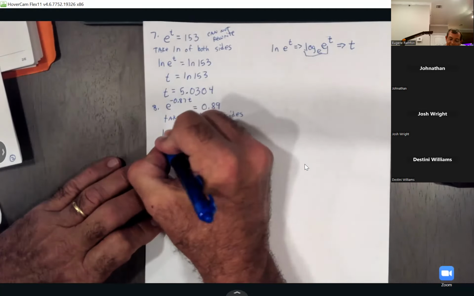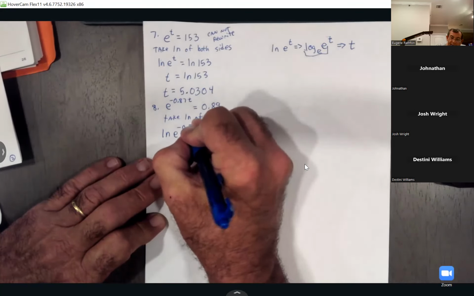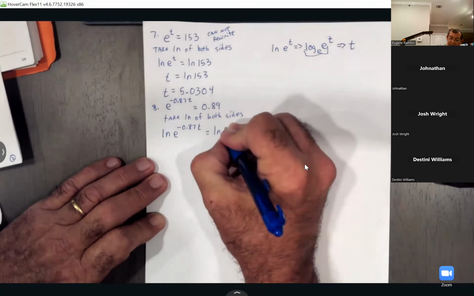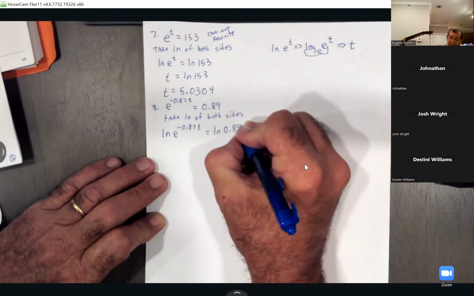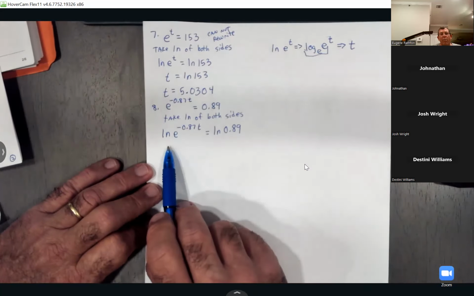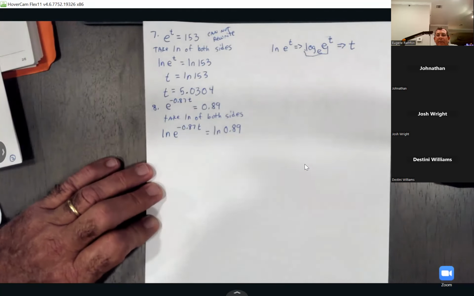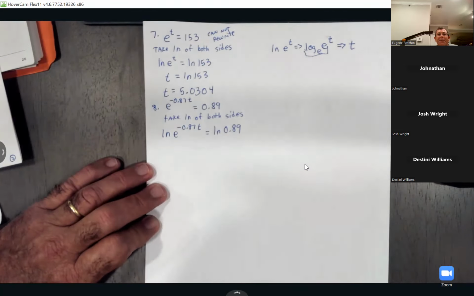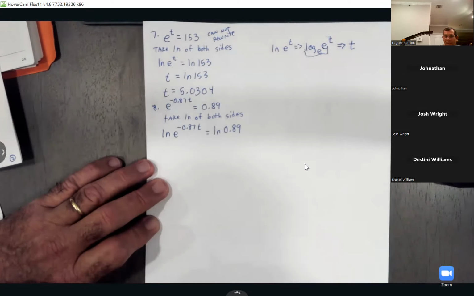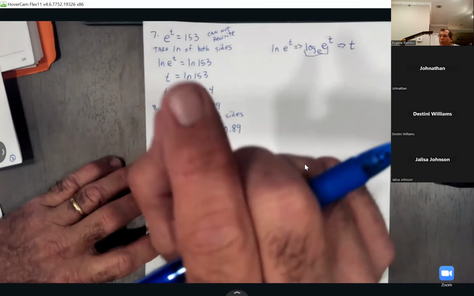So y'all, I got ln E to the negative 0.87 T is going to equal the ln of 0.89. So the question of the day, doing all this, what's the left side going to give me? T. Oh, just a little bit more.